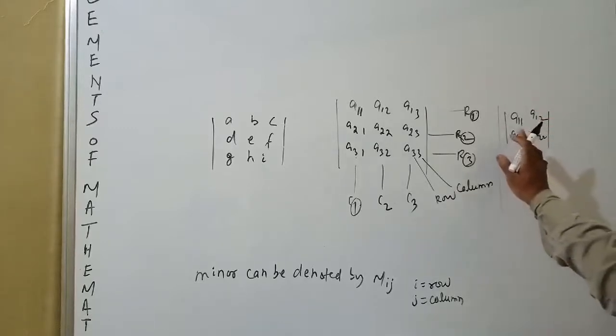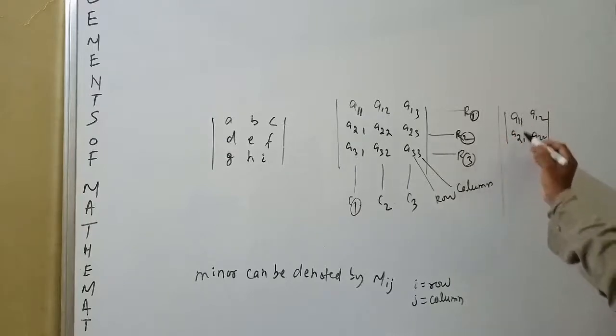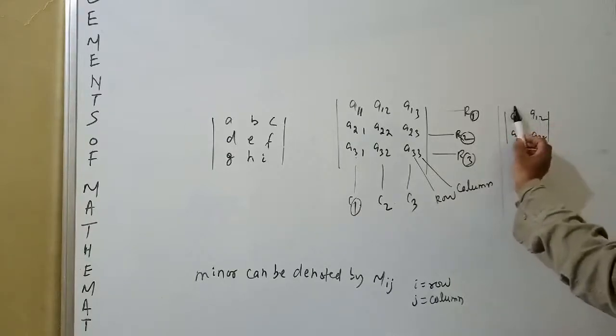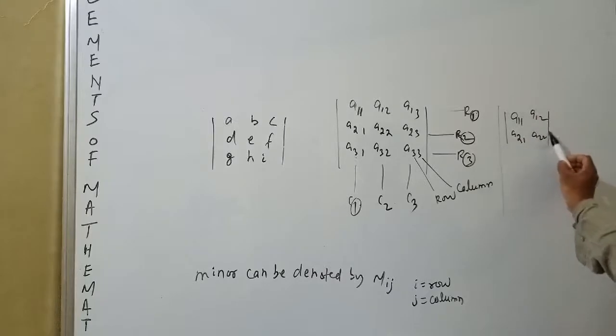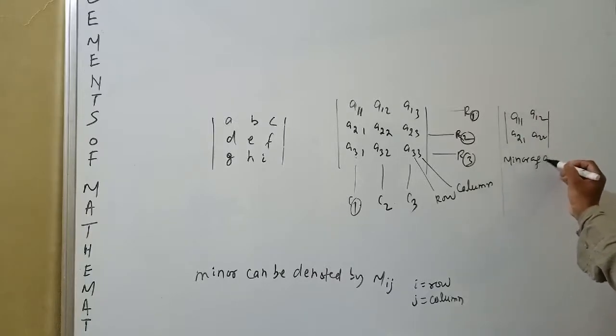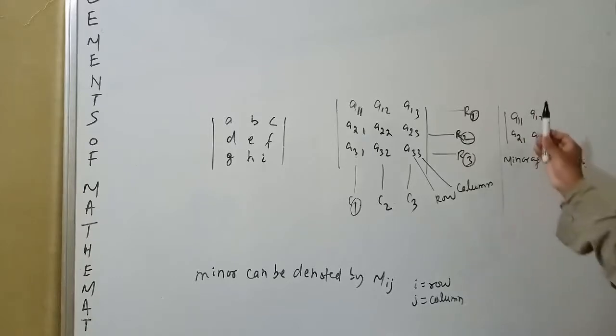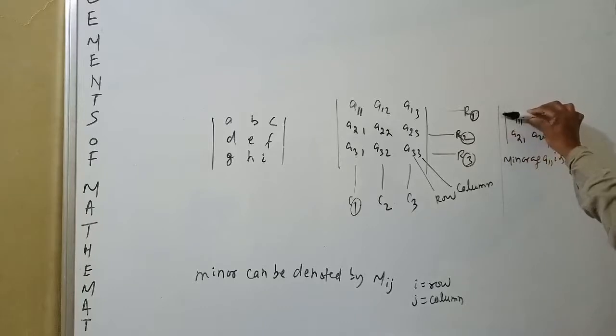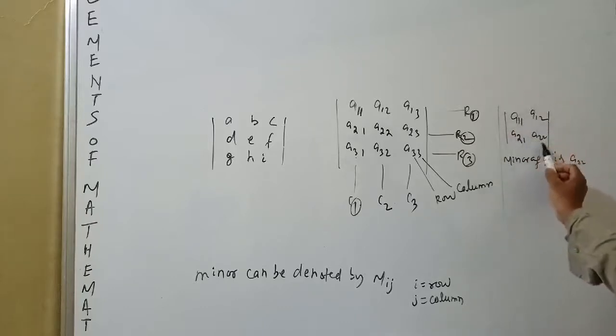How can you find the minor? For A11, we suppress this row and this column. Just this is left, so the minor of A11 is A22 only. Only one element is there, that is A22. Understood?